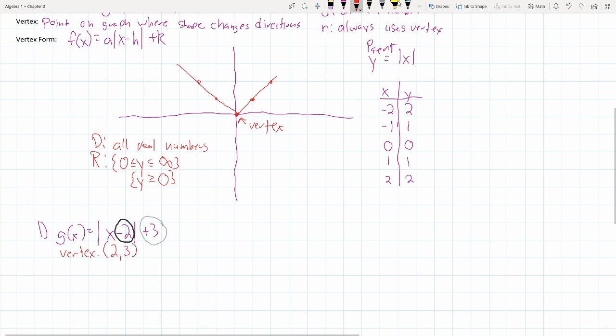What you'll notice is this says -2, but I said it was 2. The way I look at it is what makes the inside of this 0, and that is 2. And then the k is just the straight k. So this means we've gone right 2 and up 3.